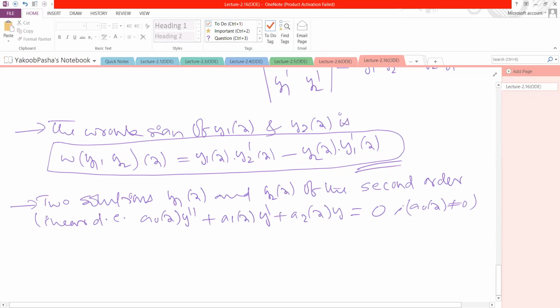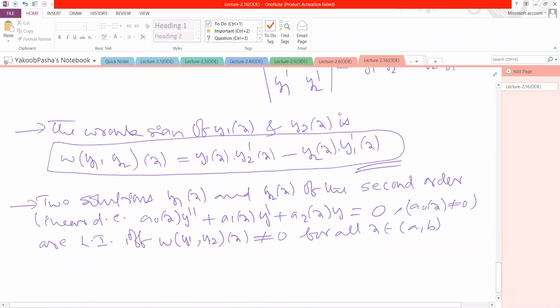these solutions are said to be linearly independent if and only if the Wronskian of y1, y2 of x is not equal to 0 for all x belonging to the open interval a, b.